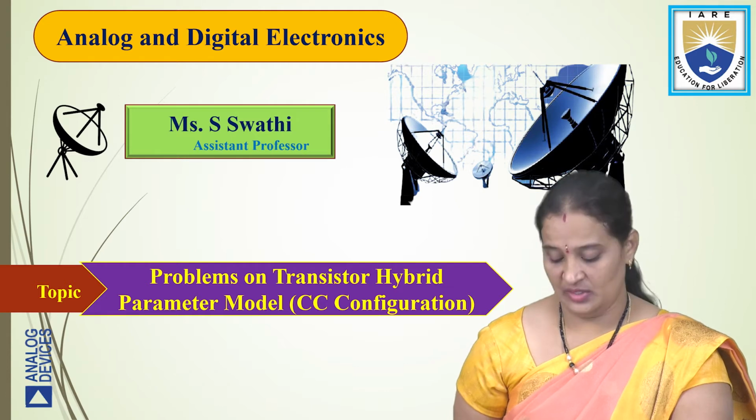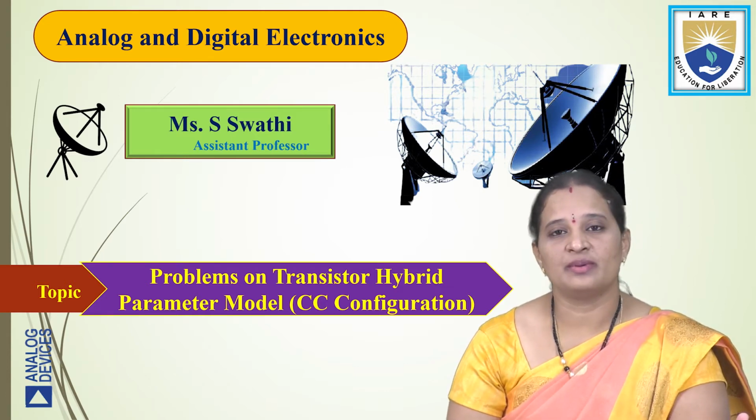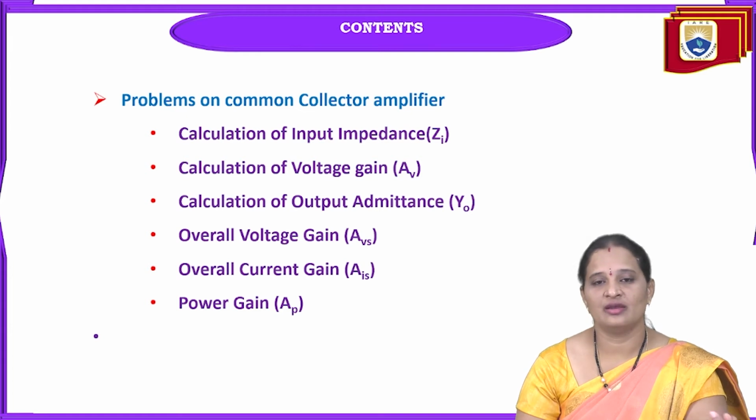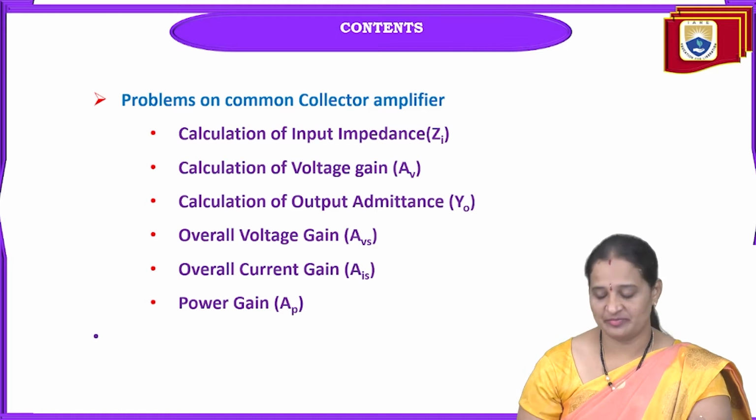That means we are going to calculate the input impedance, voltage gain, output admittance or output impedance, and overall voltage gain, overall current gain, and power gain of a common collector amplifier using the H parameter model.